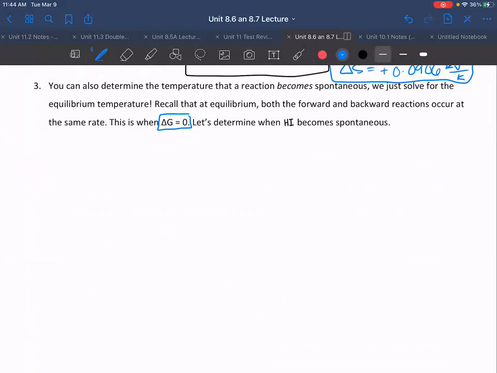Then we're going to use that delta S in our equation. So I'll break this thing down one at a time, but I want to give us a couple things here. I looked up our delta H, which is equal to a positive 26 kilojoules. And we have a delta G, which is equal to positive 2 kilojoules. So first, we are going to determine delta S. And so we just wrote that equation up above here.